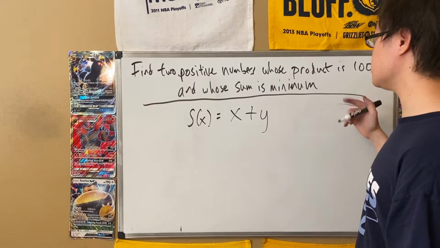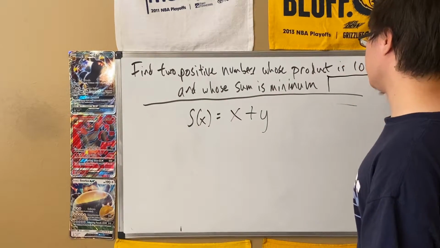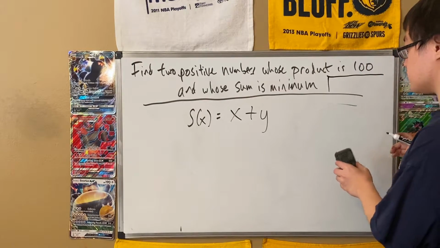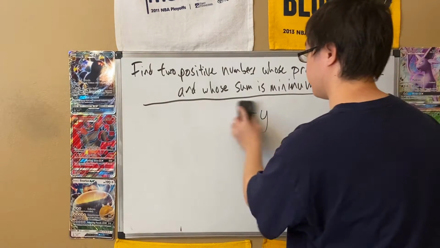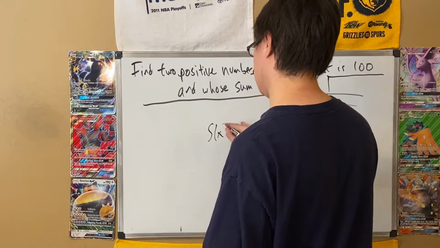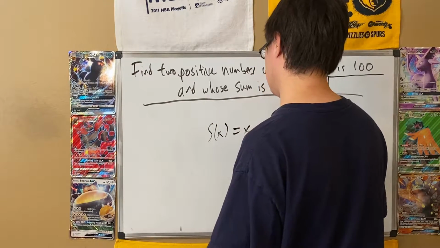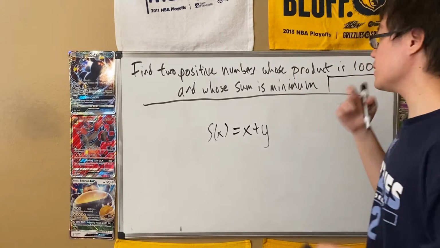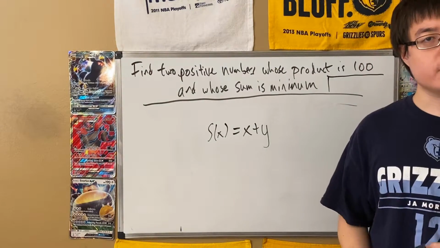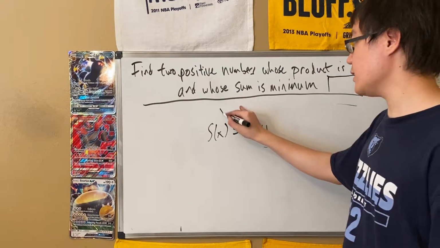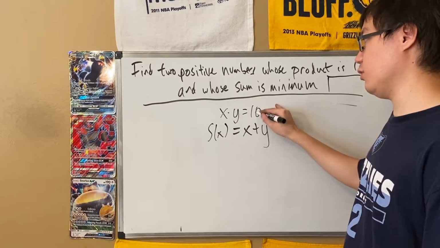Then we need to use our constraint. I'm going to write the constraint right here because I sort of ran out of space. So what's my constraint? Well, I know that the product of these two numbers is 100. So x times y is equal to 100.